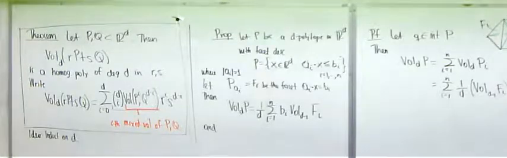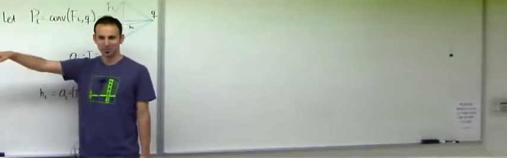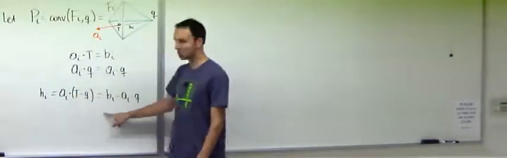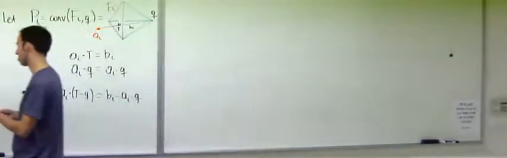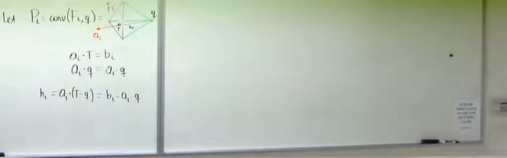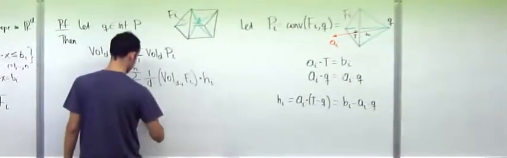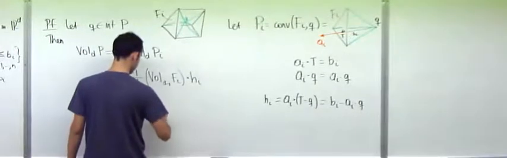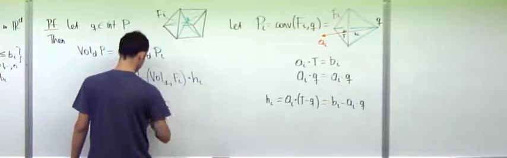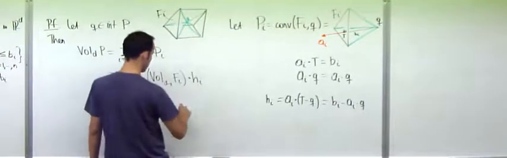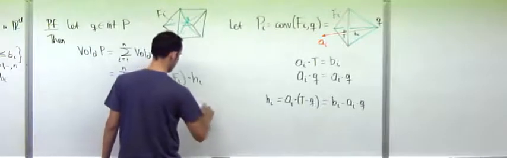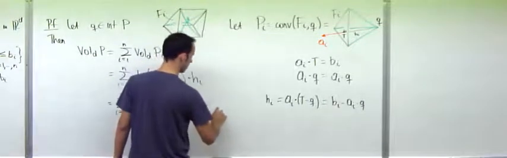But you see, hi is not bi like we might have guessed from the theorem. It's bi plus some other stuff. Okay. That's just what comes out. So hi is bi minus ai dot q.